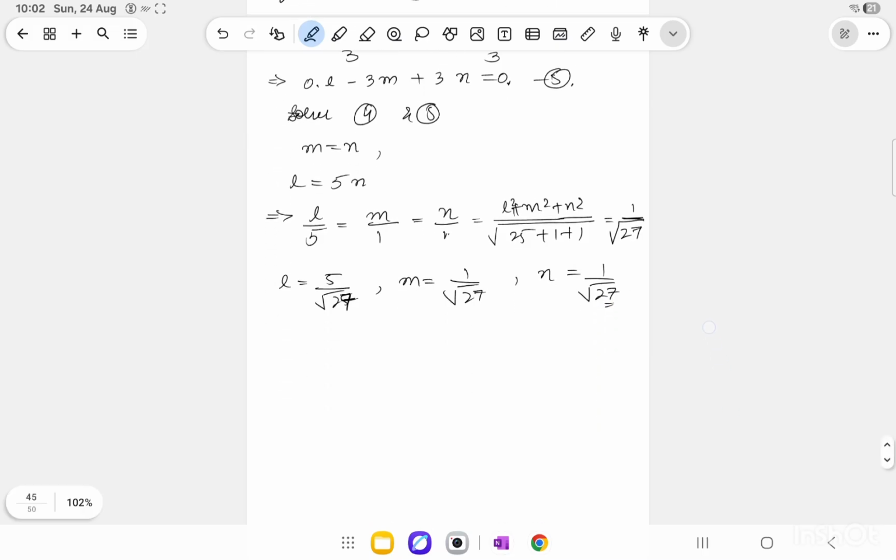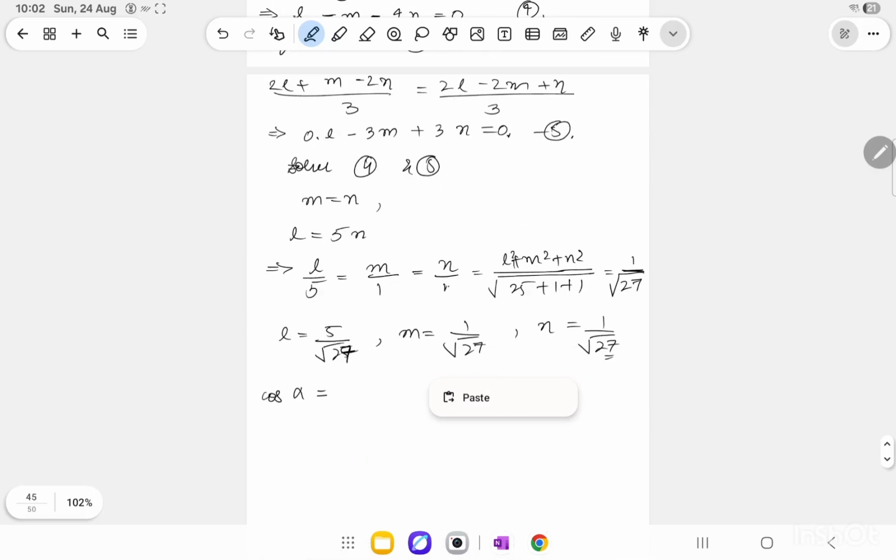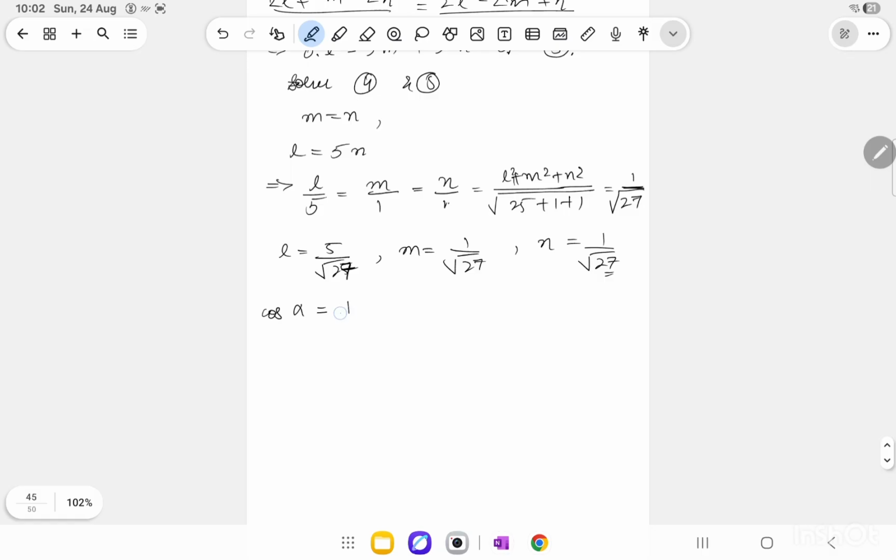So from here I got my semi-vertical angle: cos alpha is 1/3 into (5/root 27 + 2m + 2n), which is basically 9, which is 3 upon root 27, which equals 1 by root 3.